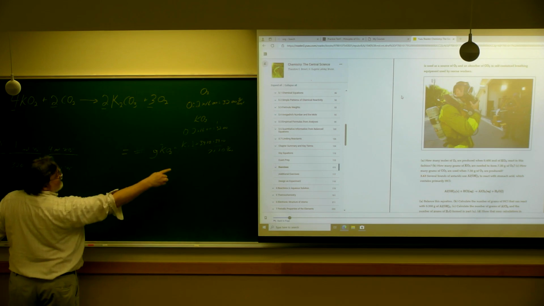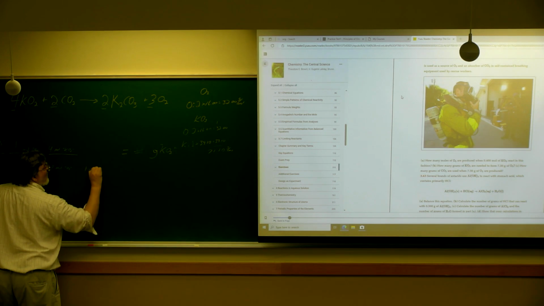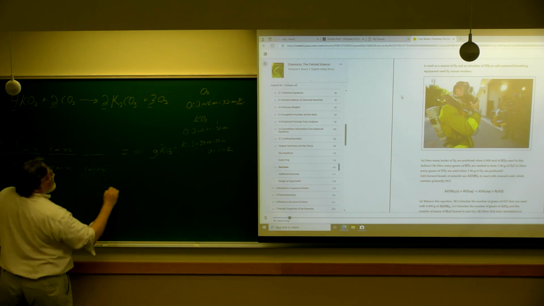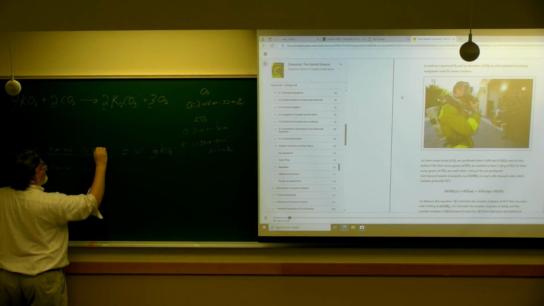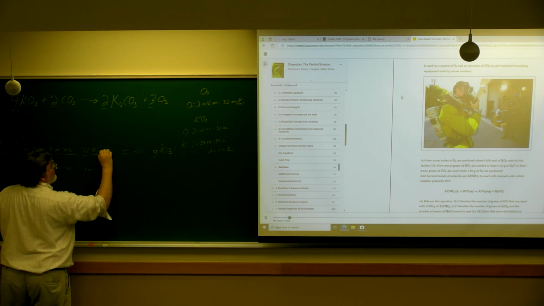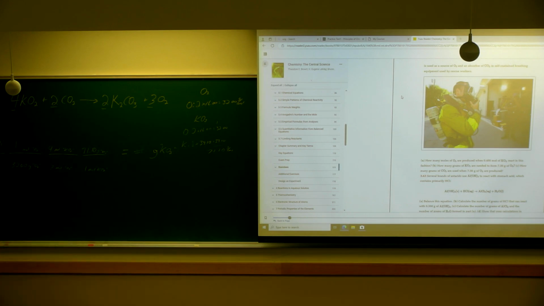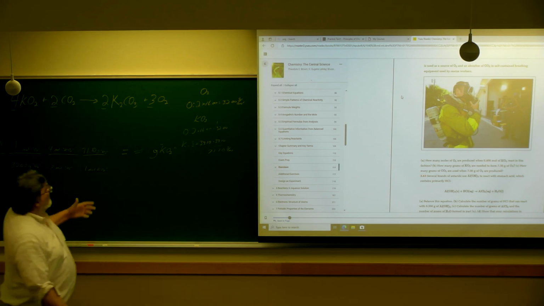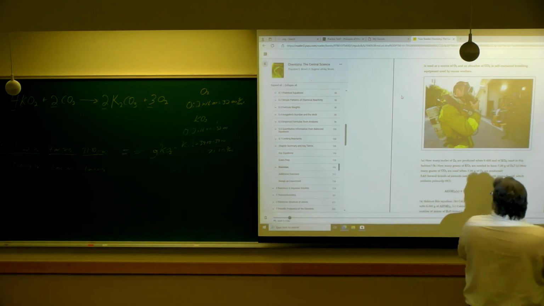Next I'm going to need this. Moles, 1 mole of KO2 weighs 71.10 grams KO2. And that's it. You see? So we needed our grams per moles, and we needed the relationship we got from the balanced equation, but that's how you would figure that out.